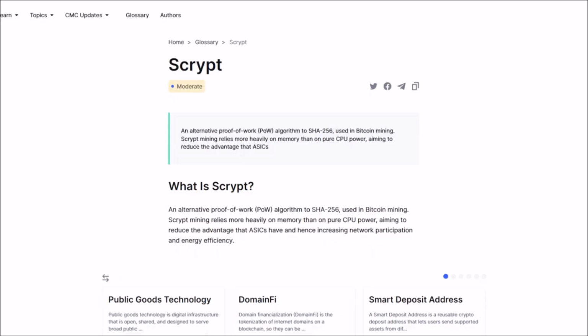ASICs are application-specific integrated circuits. That's just a fancy way of saying a device that's designed to do a very specific task, which allows it to do it at low power usage and more efficient speed. It's not a general purpose processor. It's designed specifically to do one thing.